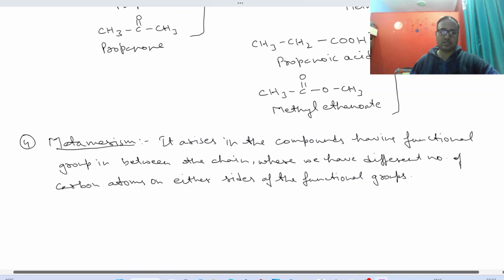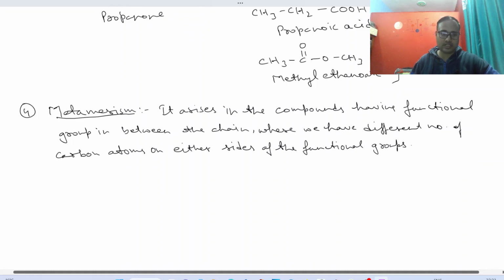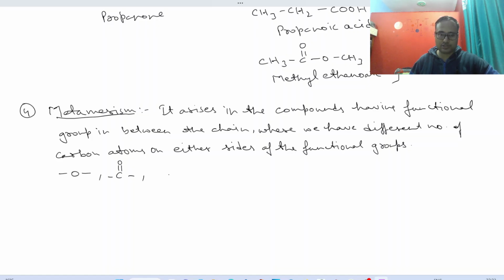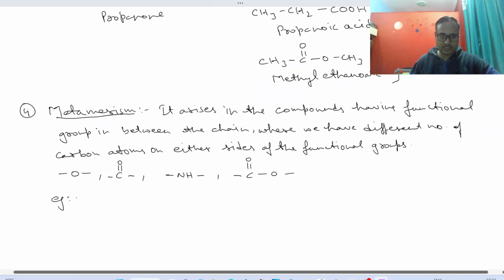So this is shown by compounds like ethers, having carbons on both sides. It can be shown by ketones, it can be shown by secondary amines having NH, and even by esters having the alkyl group on both sides. So let me further explain with an example.